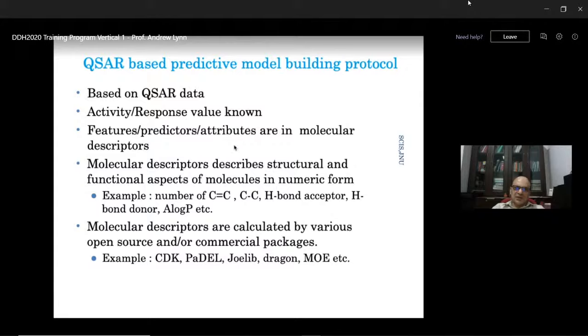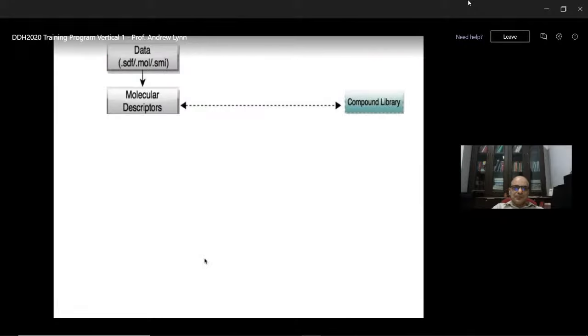The features are descriptors, and they're calculated by various packages. Now, the one that I would strongly suggest is PaDEL, but you also have molecules that are provided, and you also have them provided from commercial sources. This is open source, and it has about 700 to 800, maybe more, descriptors available.